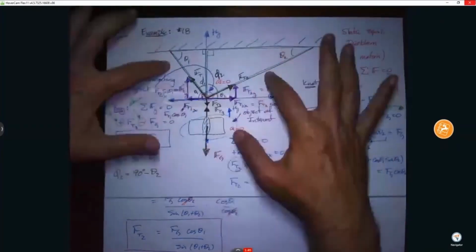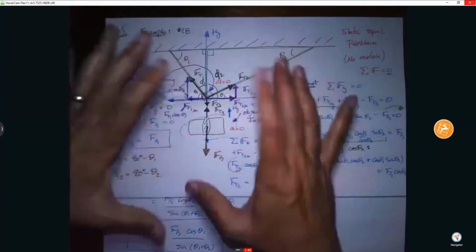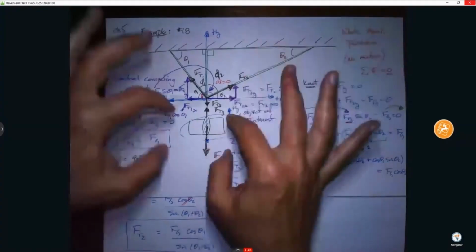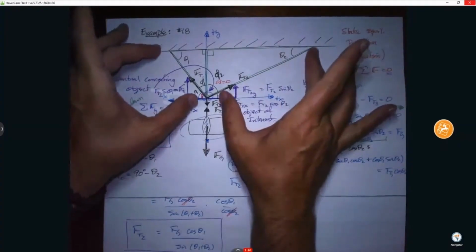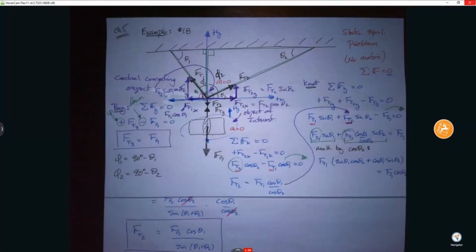And what you get is that the tensions of these angled wires end up being larger than the weight of the object. So if we needed to wire something up like this, we need to be somewhat careful because these wires end up with more tension than the weight of the object. And so you then need wires that are strong enough so that they won't break once you load them with the object.